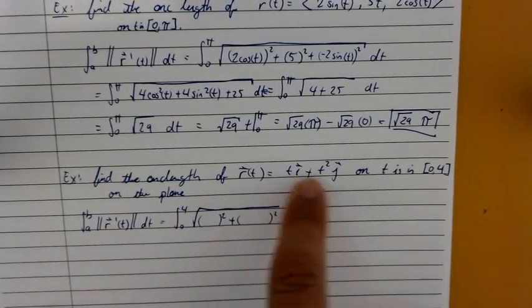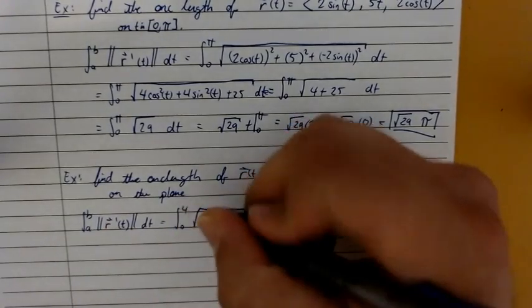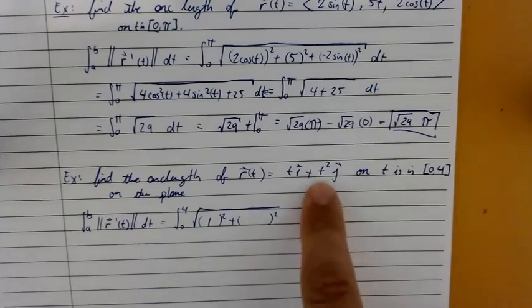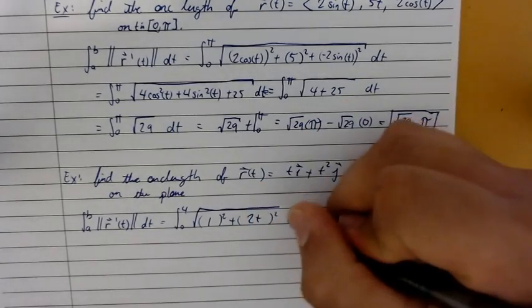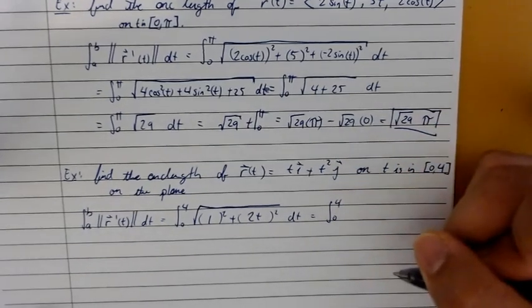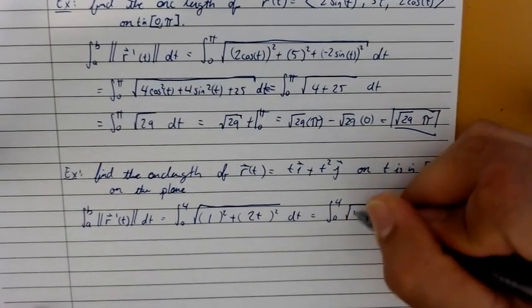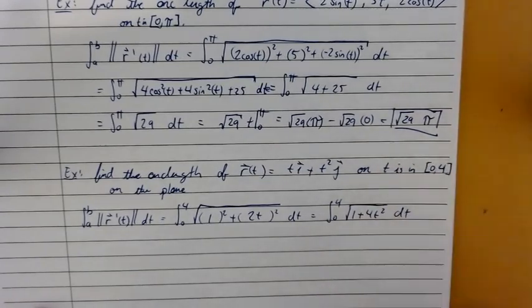So we're going to take the derivative of these components. The first derivative is just 1, so that'll be 1 squared, plus the derivative here is going to be 2t, and that'll be squared, integrated with respect to t. That makes it the integral from 0 to 4 of the square root of 1 plus 4t squared dt.